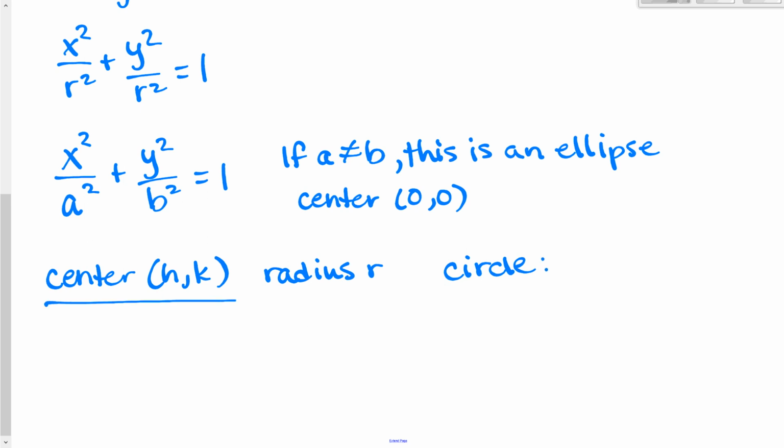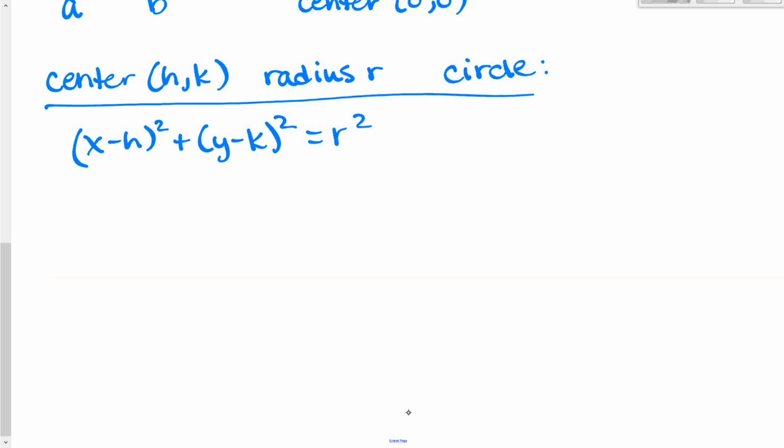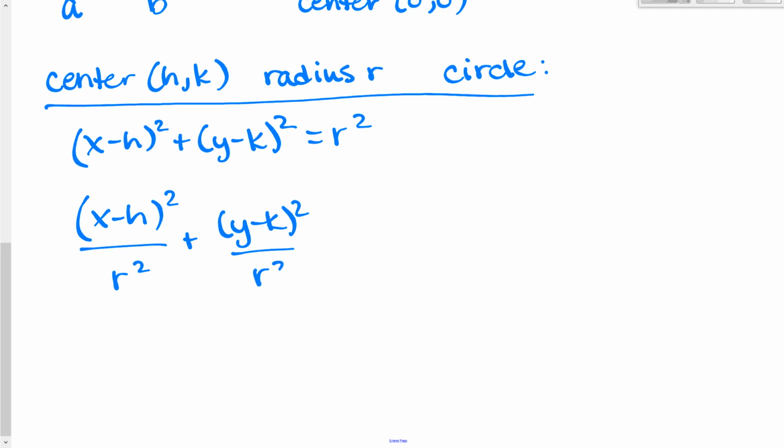That circle would be x minus h quantity squared plus y minus k quantity squared equals r squared. Well, in a similar way, couldn't you divide both sides of that by r squared and get x minus h quantity squared over r squared plus y minus k quantity squared over r squared equals 1, and that's still a circle, same circle. We just rewrote the equation.